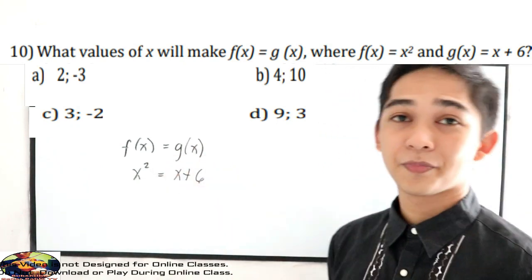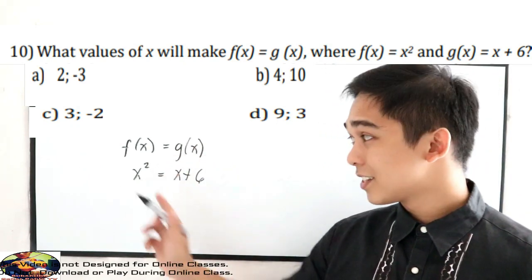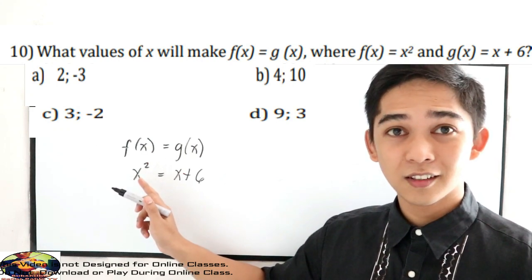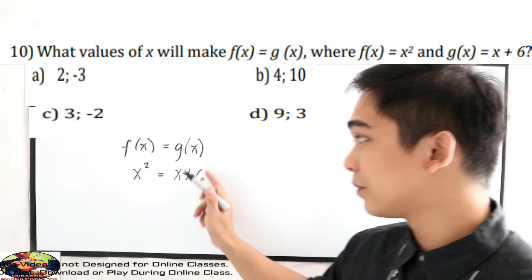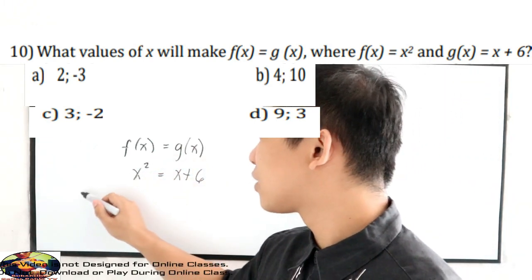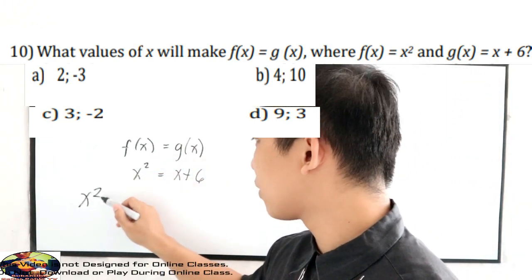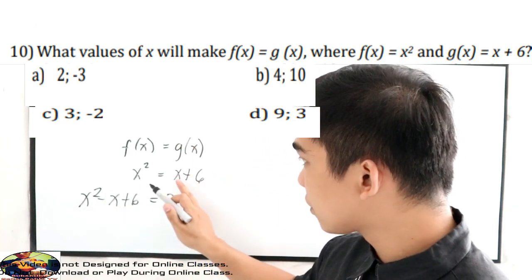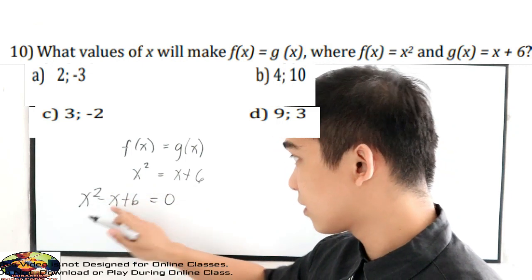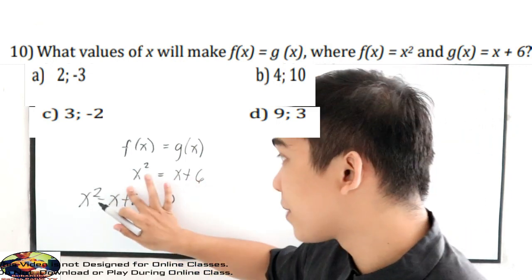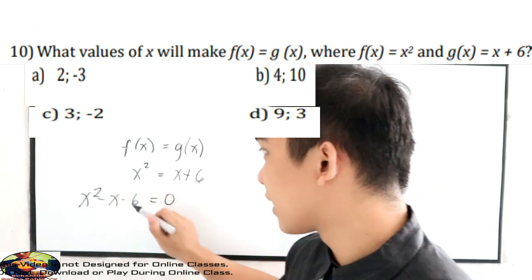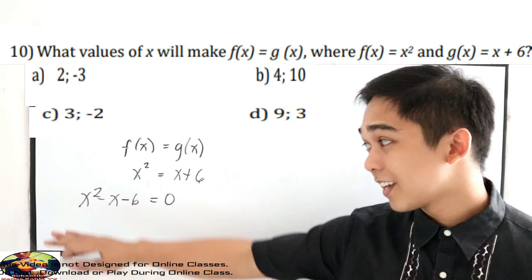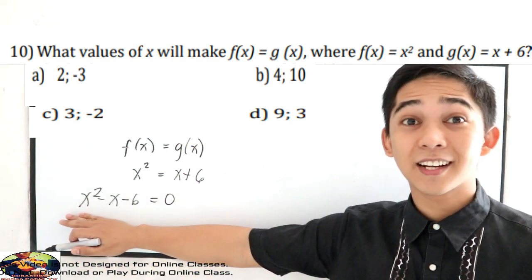Just substitute. And now, since this is raised to 2, we know that this is a quadratic function. So let us equate to 0. This will make a quadratic equation. Equate to 0, so x will become negative x. Positive 6 will become negative 6. Okay. And now, let us factor out.